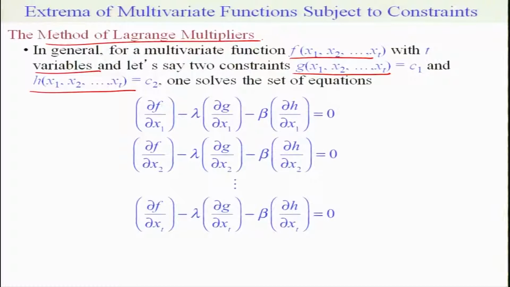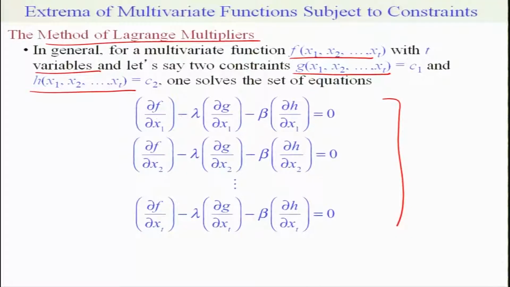In such a case, what we do is basically we take the first derivative of this function f with respect to the different variables in this form. So, this is a set of equations to be solved. For example, del f by del x1 minus lambda del g by del x1 minus beta del h by del x1, where lambda and beta are unknown variables which we need to find out.